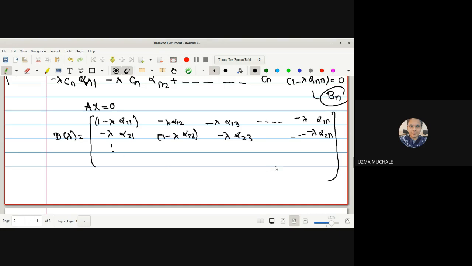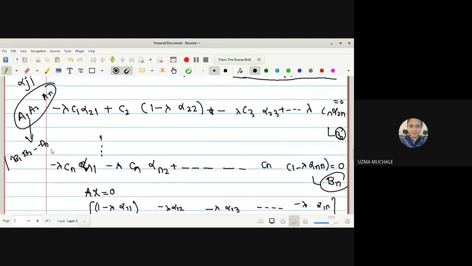And so on, we can write the last equation as minus lambda alpha n1, minus lambda alpha n2, and so on. The last is 1 minus lambda alpha n n. So here we get the matrix in the form of lambda. This is the coefficient matrix now.